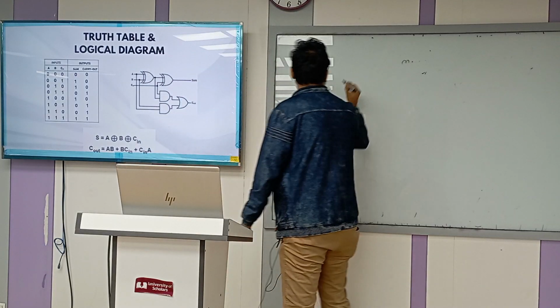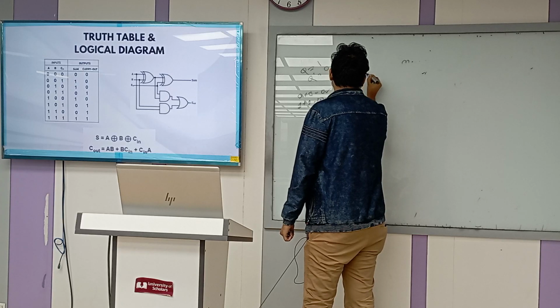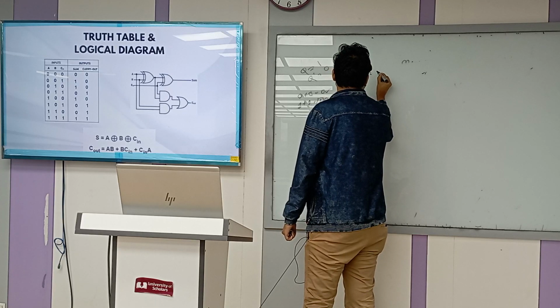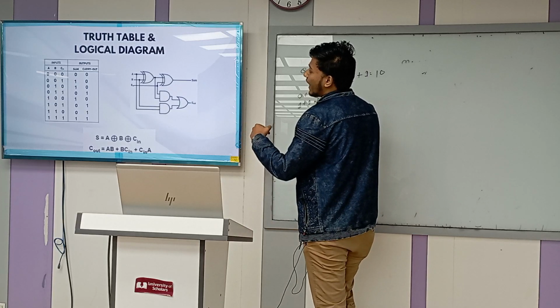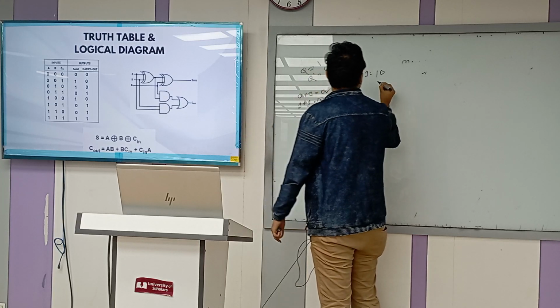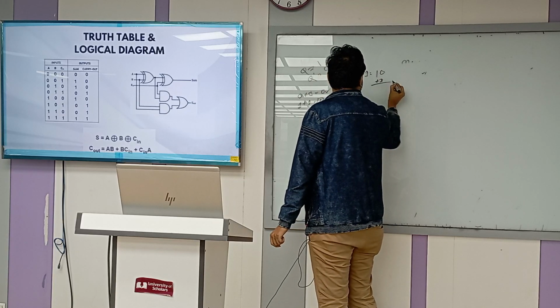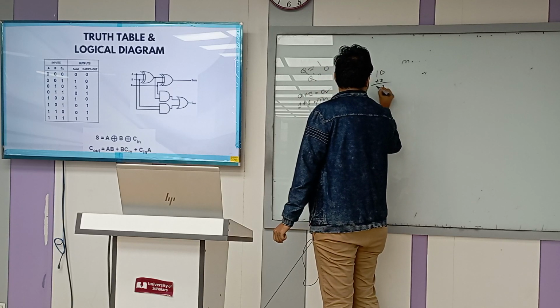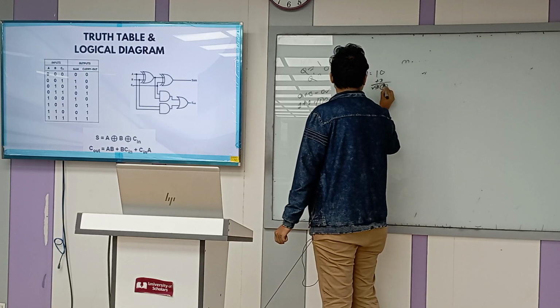We know in binary addition, 1 plus 1 is equal to 1 0. When we add the carry in, then we get 1 and 1. So this is the sum 1 and this is the carry 1.